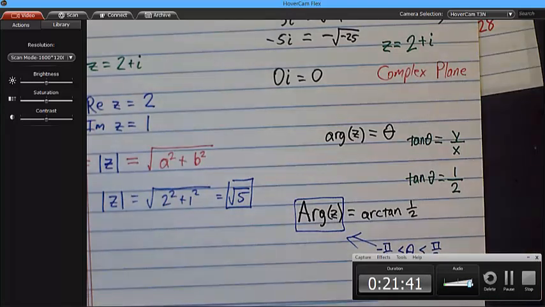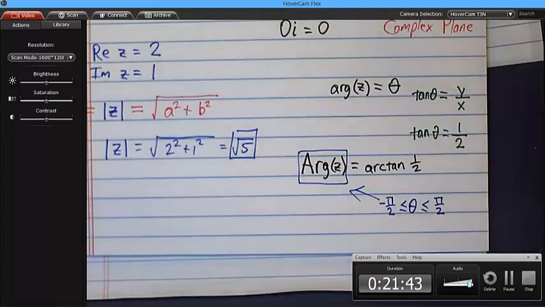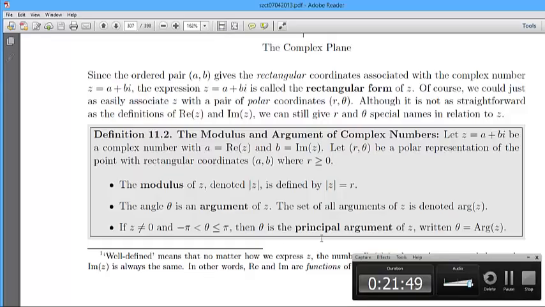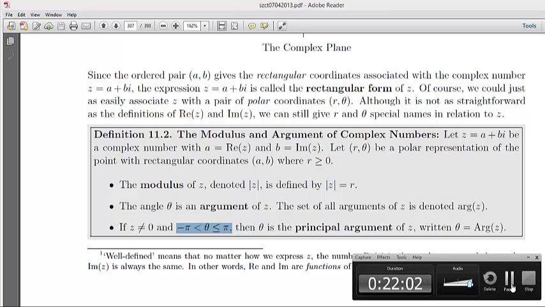And again, my little clock is in the way there, but if we go back and look at the book, he says theta's between negative pi and pi.